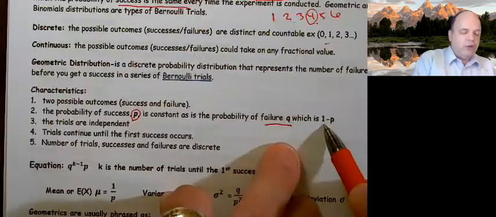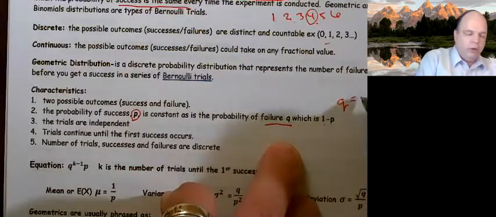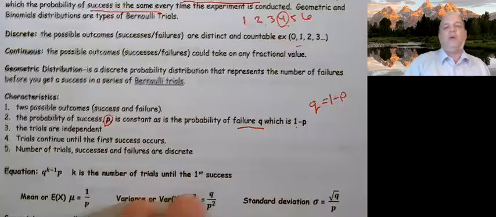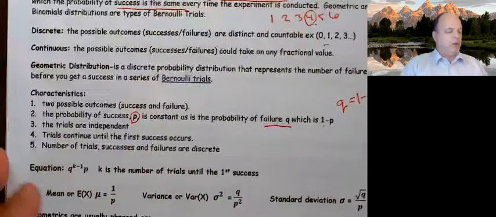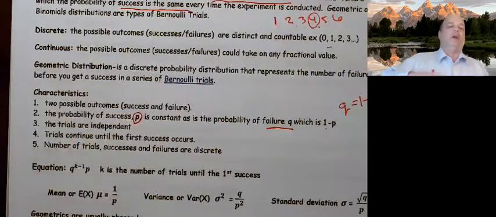Well, there is a relationship. Q equals 1 minus P. Trials must be independent. In other words, what happened before can't affect what's going to happen. So when I flip a coin, the fact that I got heads will not affect the next flip.